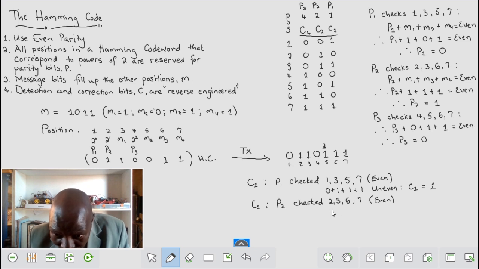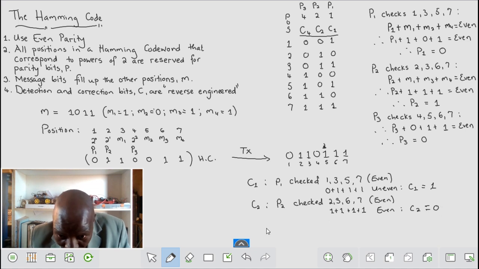Position 2 is a 1. Position 3 is a 1. Position 6 is a 1. Position 7 is a 1. And it says yes, you are even. Therefore we declare that C2 does not need correction. C2 is a 0.